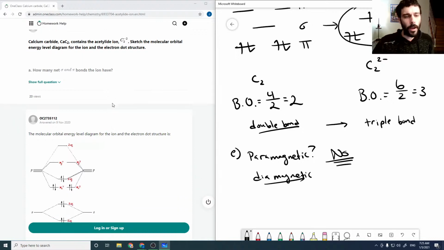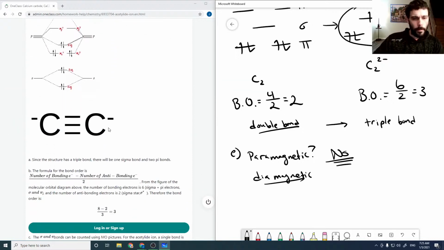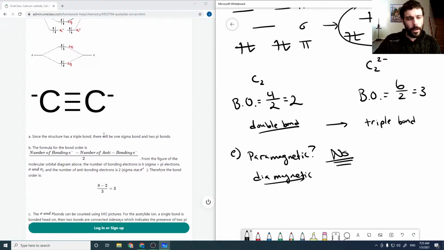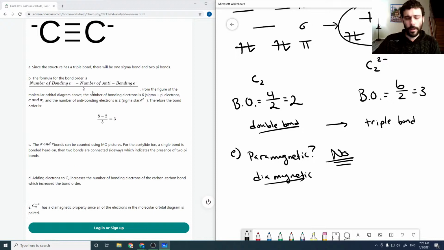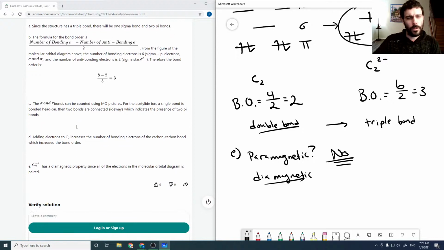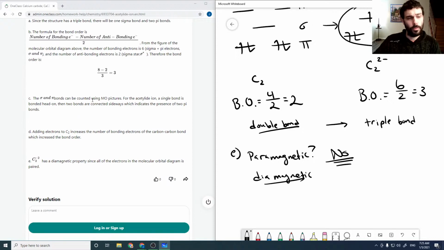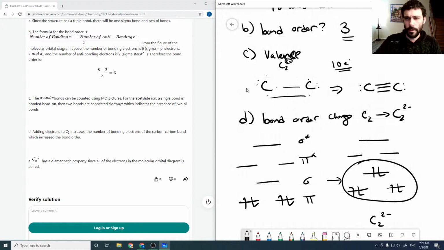Okay, so now if we look down through the solutions given, it's a triple bond, so there's 1 sigma and 2 pi bonds. Our bond order can be computed with this equation, which comes out to be 3. For C, I don't know what they're answering there.